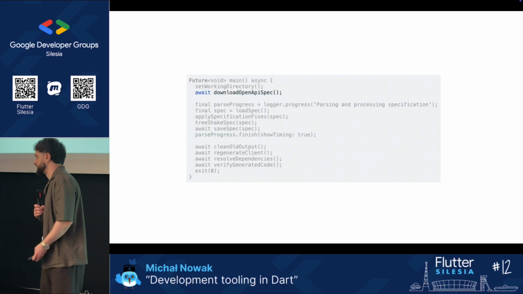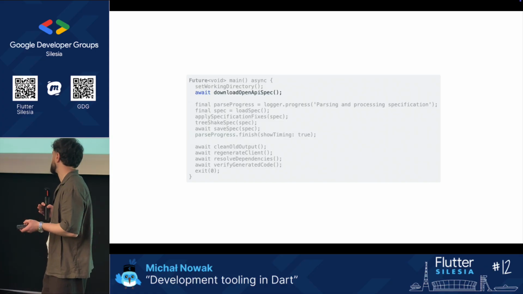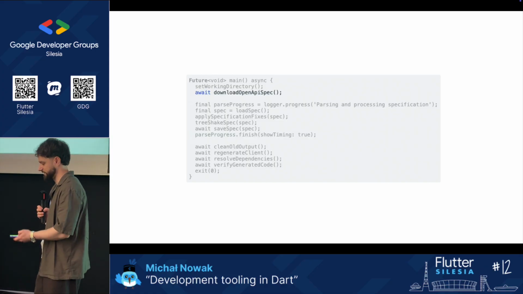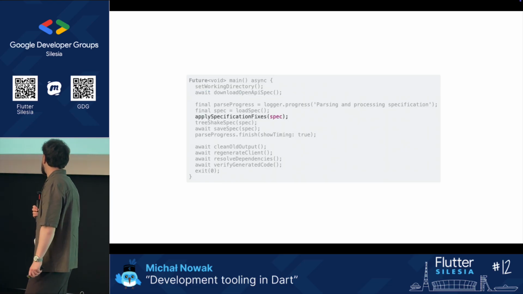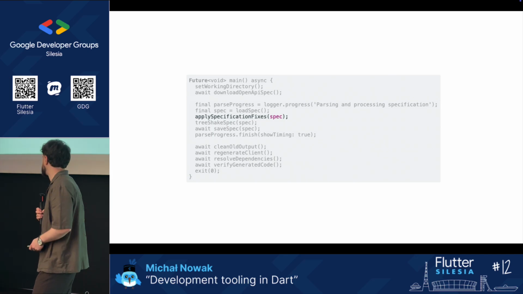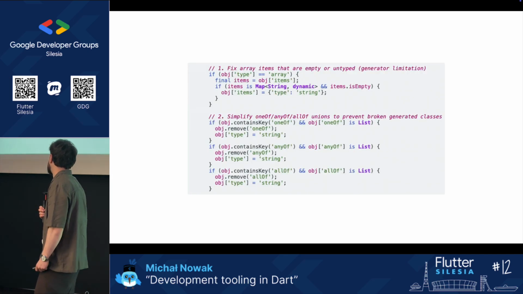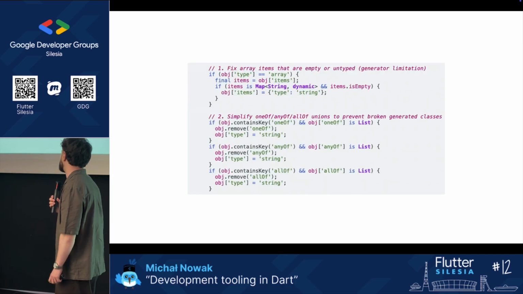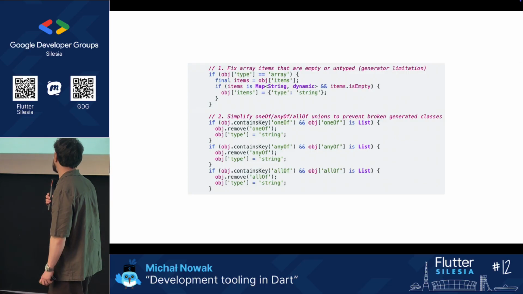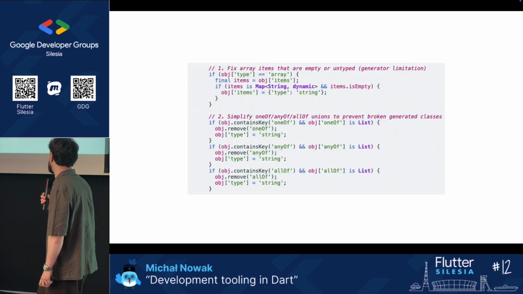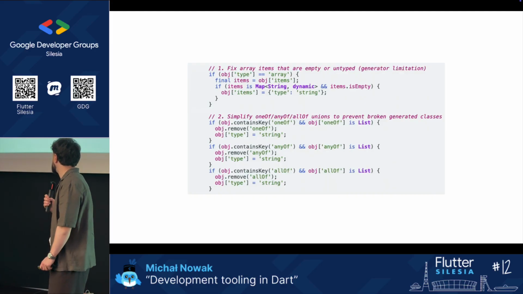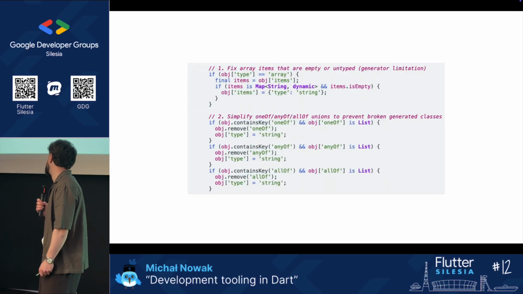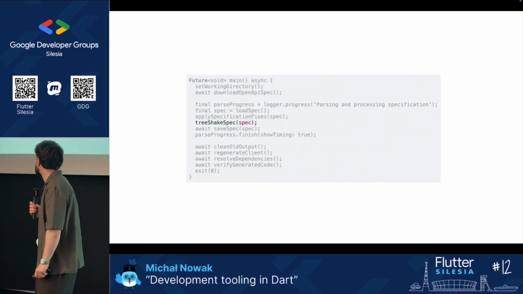And with Dart scripts, we can just write simple scripts that will download the specification from the server and then apply some specific fixes, like this one to the generated code. I guess oneOf, anyOf, or allOf unions don't really work well with that generation and had to be fixed to be a string type instead.